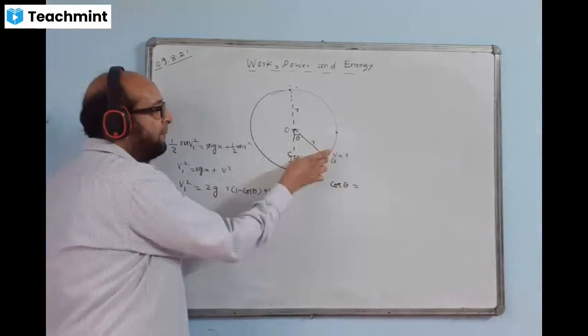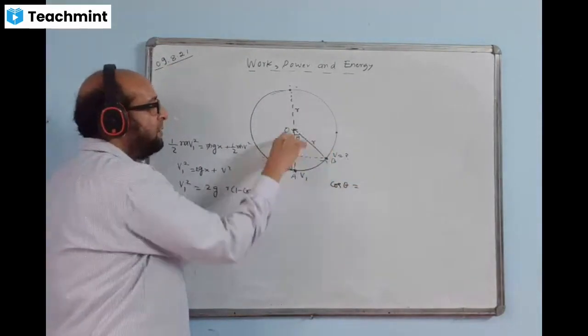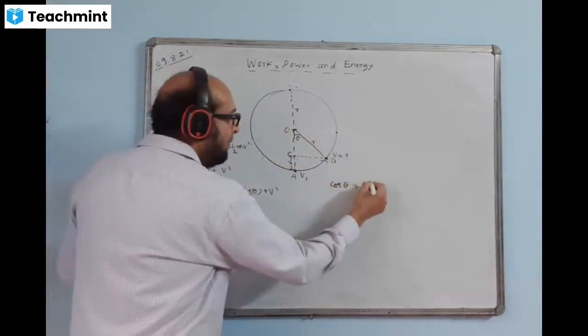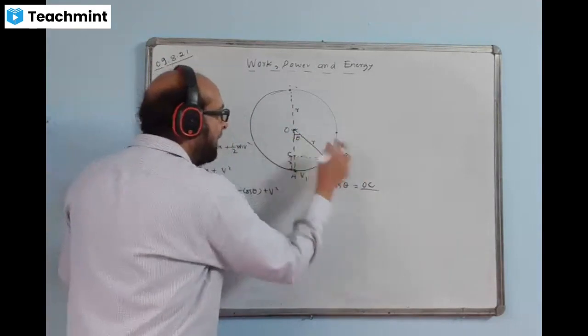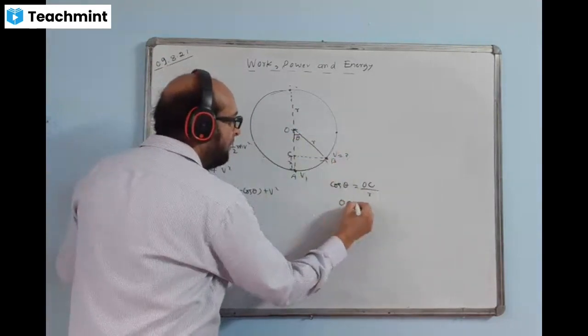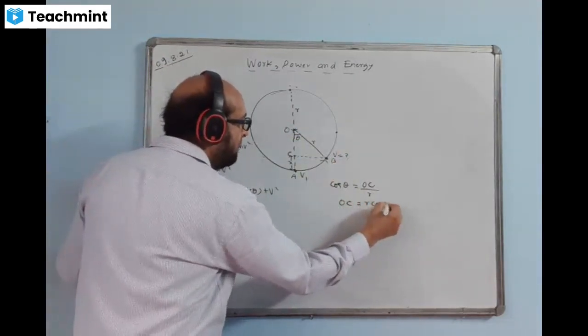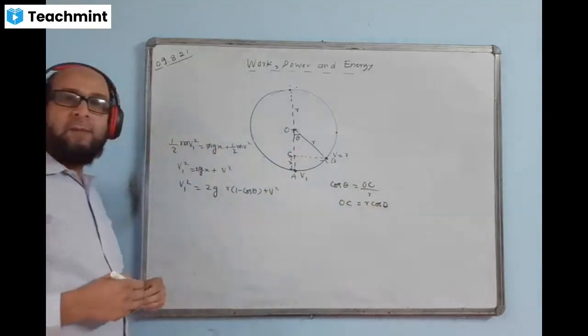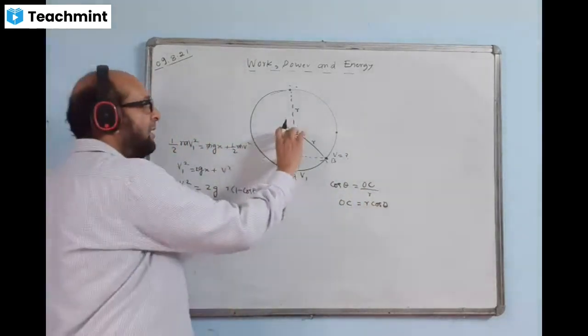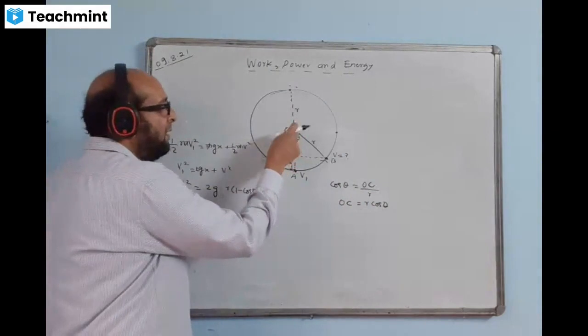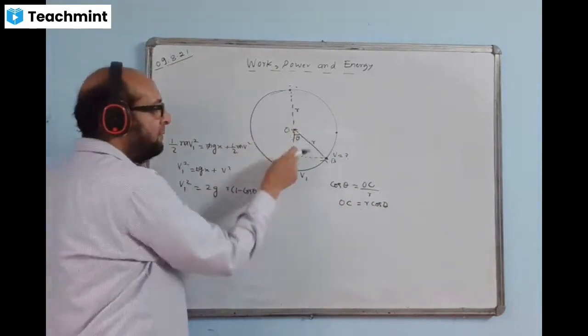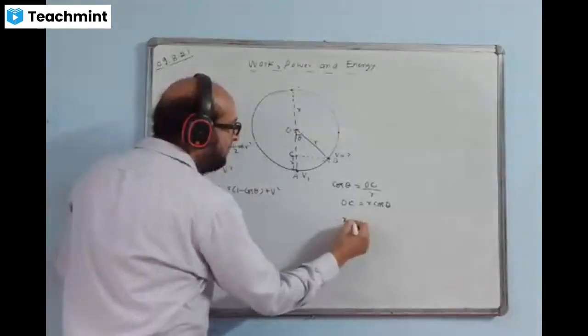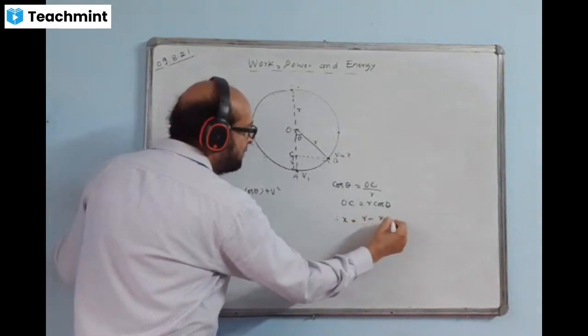Theta is here, so this is perpendicular, this is base, this is hypotenuse. The base is OC and the hypotenuse is R. Therefore, OC is R cos theta. The whole thing is R, therefore the x value will be R minus R cos theta.